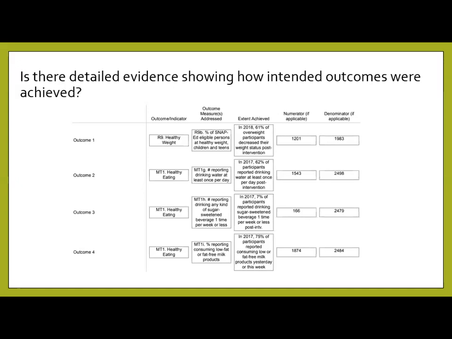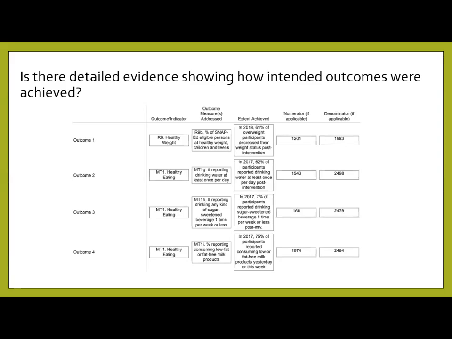And this information provides the reviewer with detailed evidence showing how intended outcomes were achieved. In this case, the intervention was able to tie their outcomes closely to the SNAP-Ed indicators, but this may not always be the case. There may be instances where it's either not feasible or difficult to complete the numerator and denominator fields.